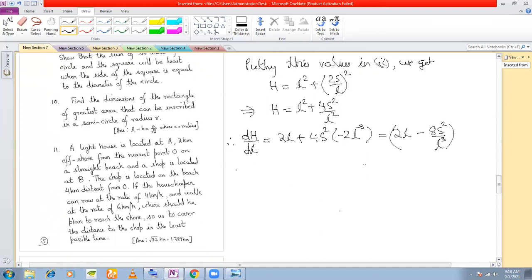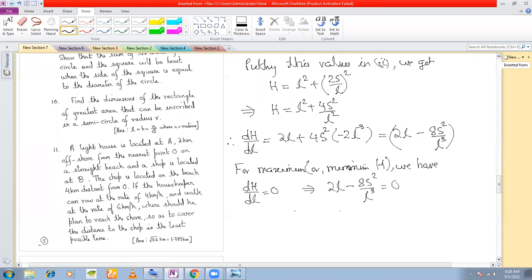Okay. For maximum or minimum H, we have dH by dL equal to 0. That means 2L minus 8S square by L cube is equal to 0.